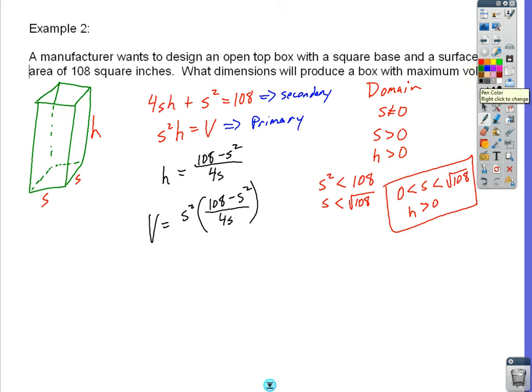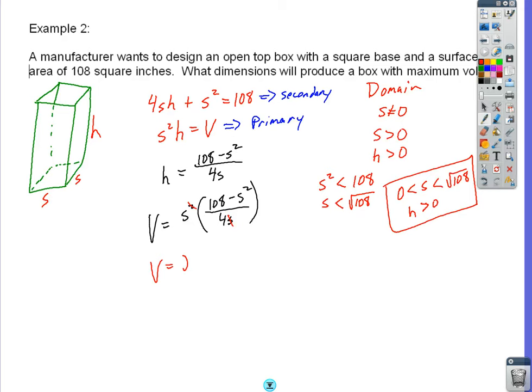Okay, so now let's go ahead and take my derivative. Before I do that, let's make this look simpler. I'm going to say that my volume, I can cancel this with this, is equal to 108 divided by 4, which is 27.